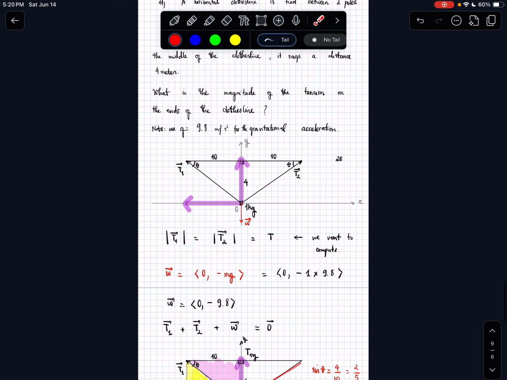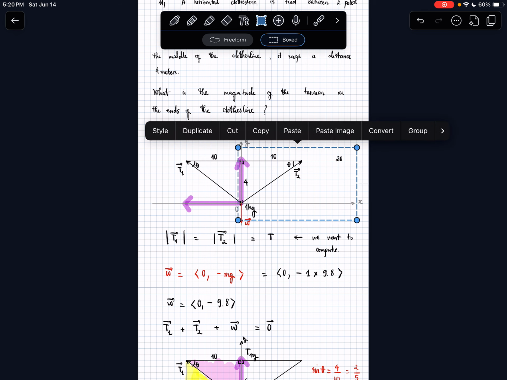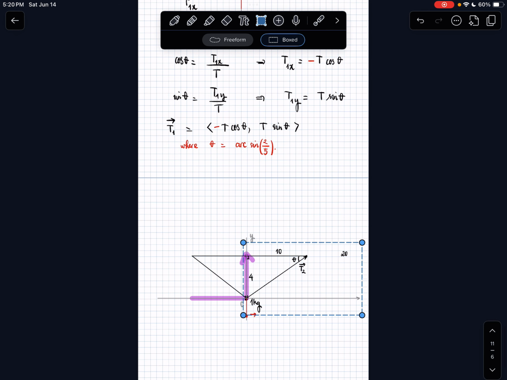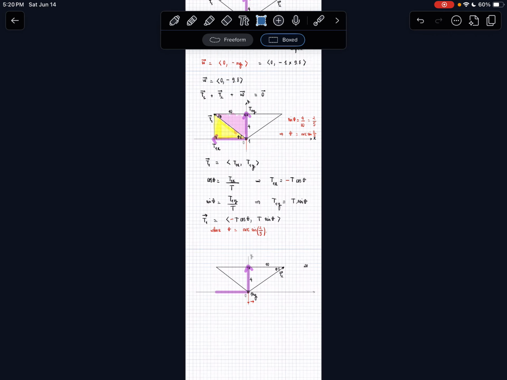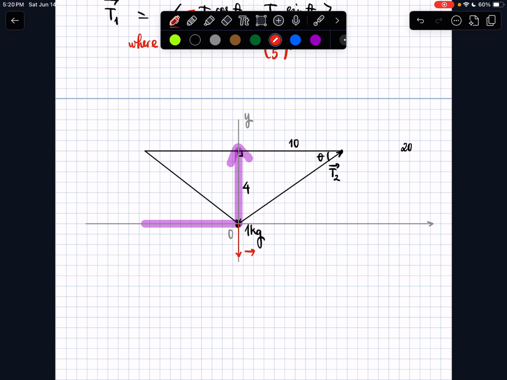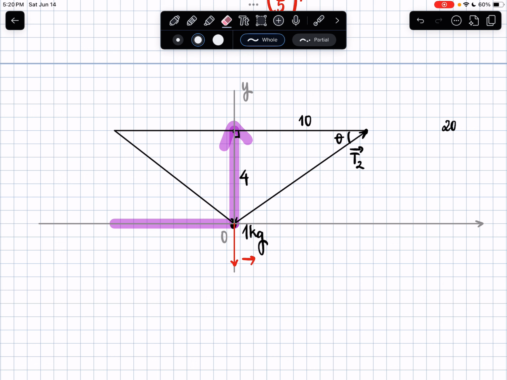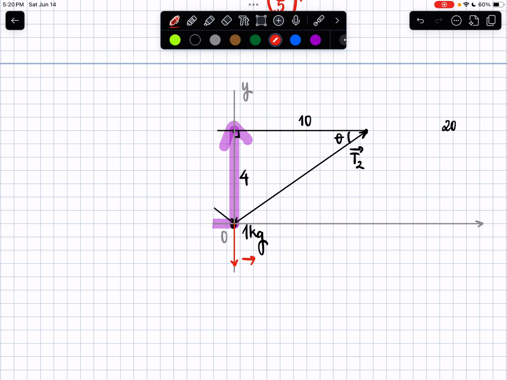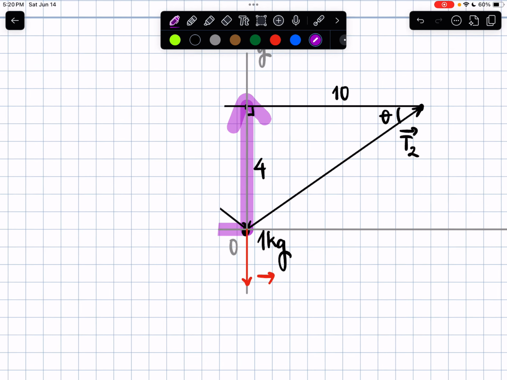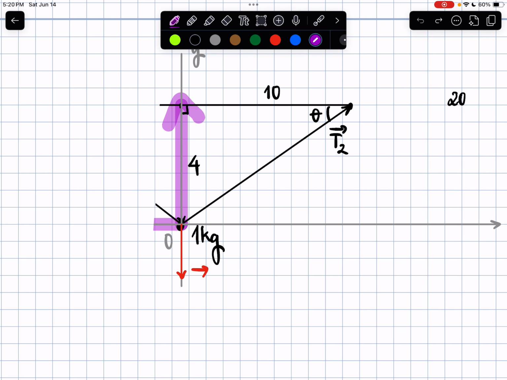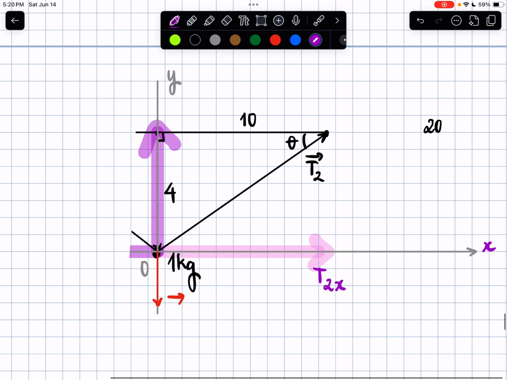Similarly, you can do it for T2. T2 has two components, T2x and T2y, where this is the x axis and this is the y axis.